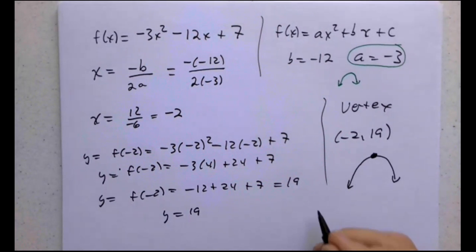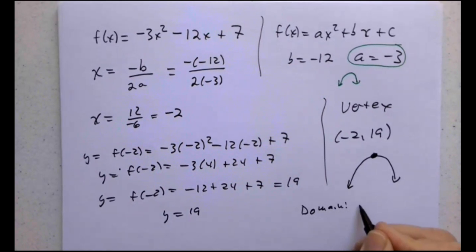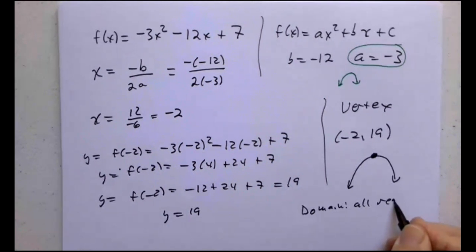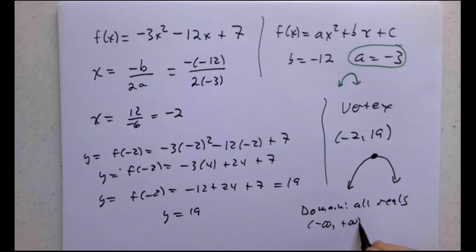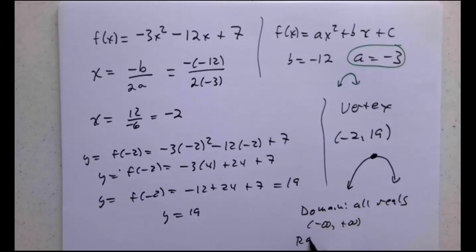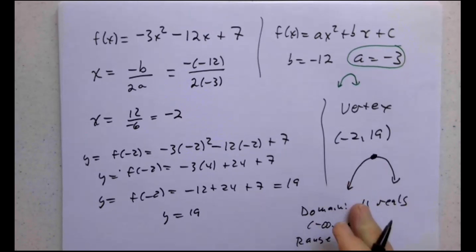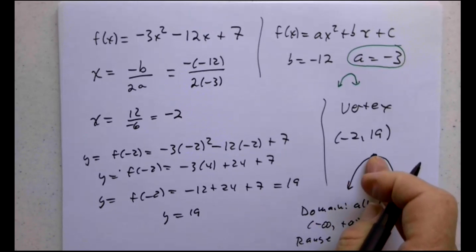So our domain will be all reals. Or if you like, you could say negative infinity to infinity. About the range, well, it goes as low as you want and it goes up to 19.